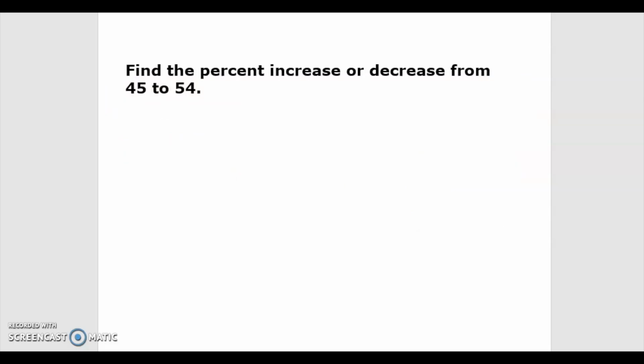All right, let's look at another example. So this time we have an increase. The number has actually gone up. It started at 45 and it went up to 54. So we again want to find the amount of change. So 54 minus 45.